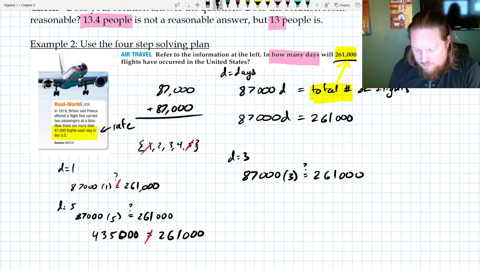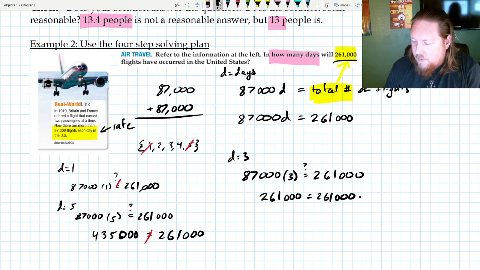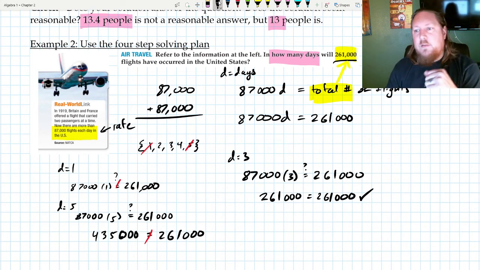So 87,000 times 3. Wow, look at that. 261,000 equals 261,000. That one checks out. So how long? It's 3 days is what our answer is, right? D equals 3.